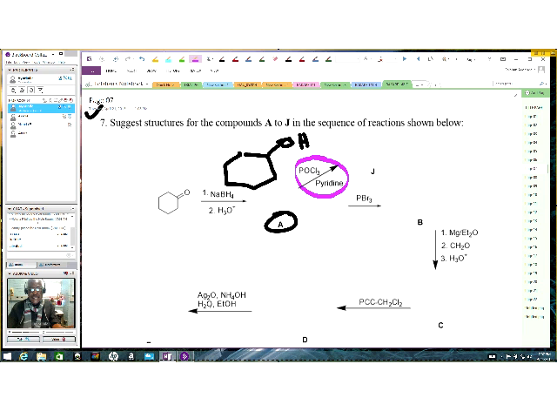Does anybody have an idea what phosphorus oxychloride does with a secondary alcohol? Okay, going to form alkene. So this is a dehydration reaction.